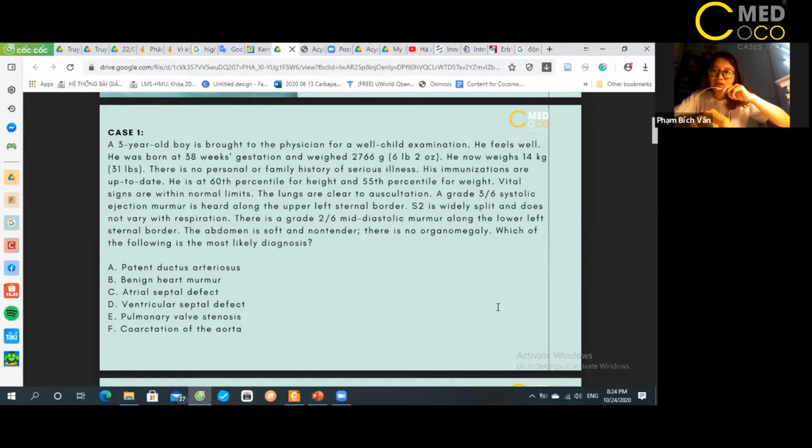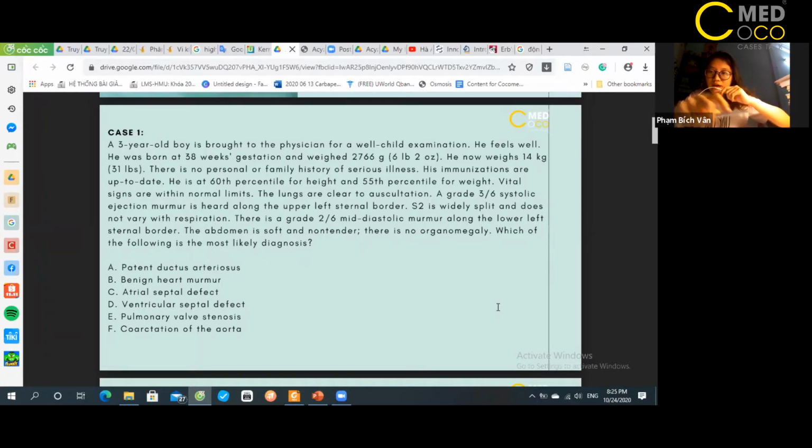There is no personal or family history of serious illness. His immunizations are up to date. He is at the 60th percentile for height and 55th percentile for weight. Vital signs are within normal limits. The lungs are clear to auscultation.